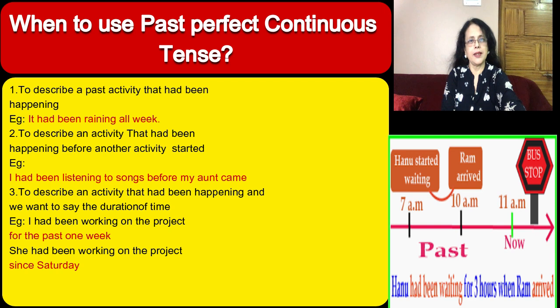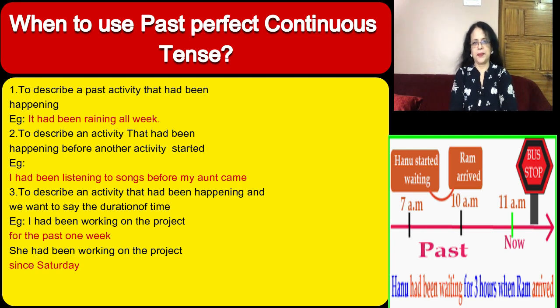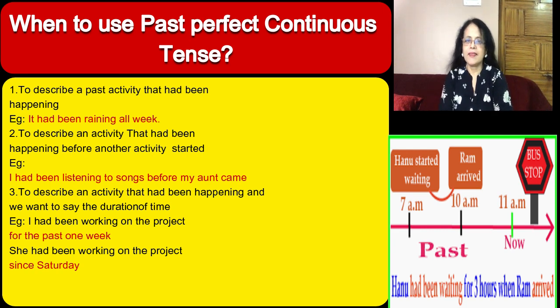Now let's see when to use past perfect continuous tense. First, it is used to describe a past activity that had been happening in the past. Example, it had been raining all week. Had been raining is our past perfect continuous tense.